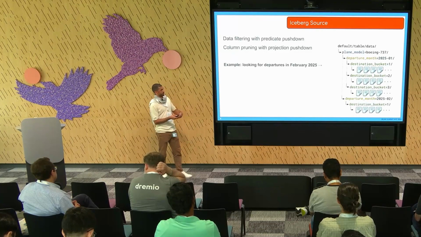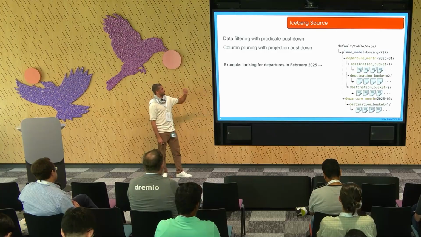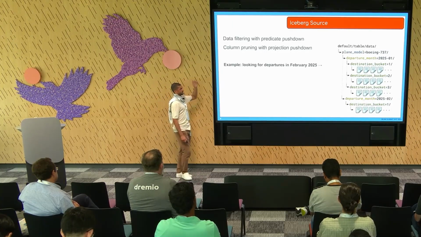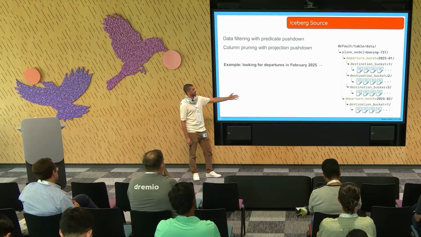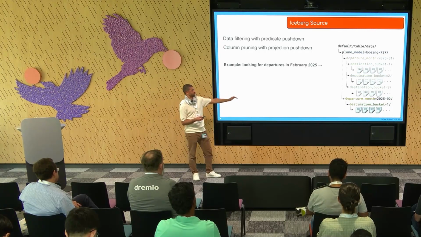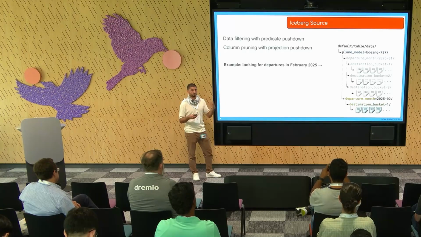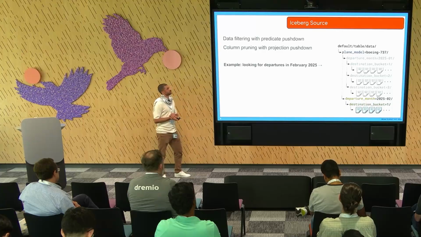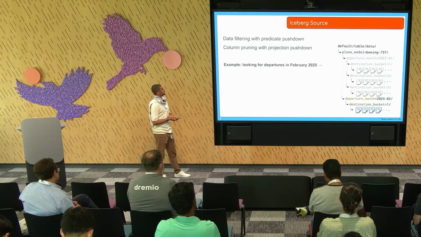For example, if you bring back our partition table and we're only trying to look for flights in February, we use the Iceberg API to determine which directories we should look at and which ones we should skip. And it just makes querying a lot faster and more efficient.